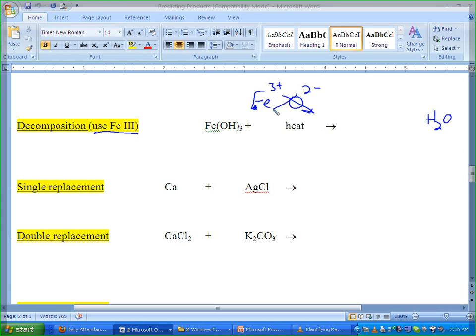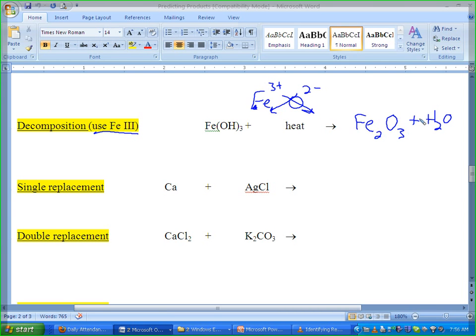The only way to get these to balance out is 6. So that is when you're going to have Fe2O3. Because 2 times positive 3 is 6, 3 times negative 2 is negative 6, they balance out. But it's the exact same as the crisscross method.